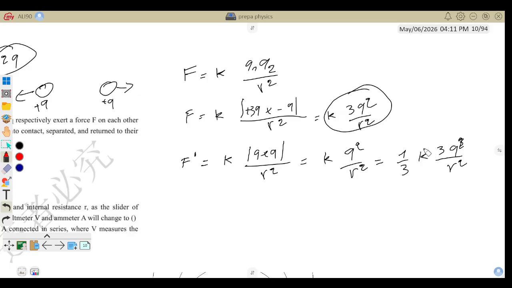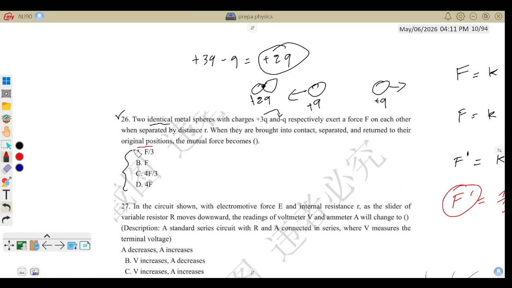In this case we have exactly the expression of the previous F. That means F prime would be 1 over 3 of F. So the new F would be one third of the original F. That means A is the correct one here. I hope you understand what happens exactly to the charges for identical metal spheres.